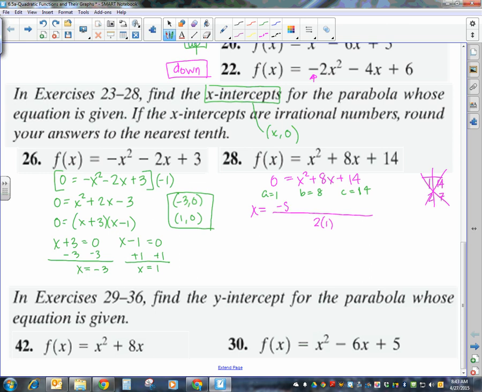So I have negative B plus or minus the square root of B squared minus 4 times A times C. Now, it's going to be irrational. It couldn't be factored. So when you put that in your calculator, you're going to have negative 8 plus the square root of that over 2. And then you're going to have negative 8 minus the square root of that over 2.